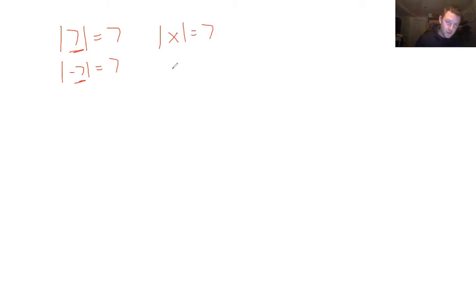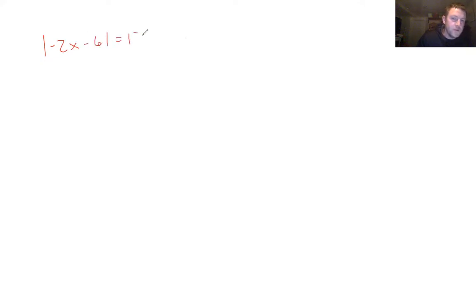Well, we just determined that it could be 7 or it could be -7. So anytime you see absolute value, you're going to think it could have two solutions. Most of the time it will. It'll be the positive and the negative. So on the first one, I'm going to say the absolute value of -2x minus 6 is equal to 17.